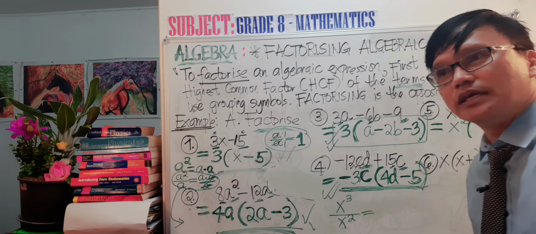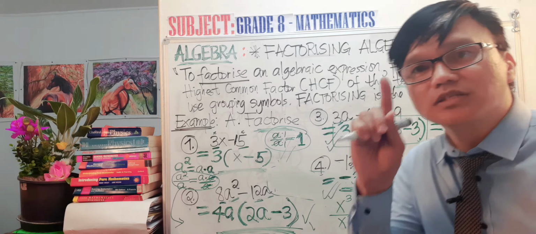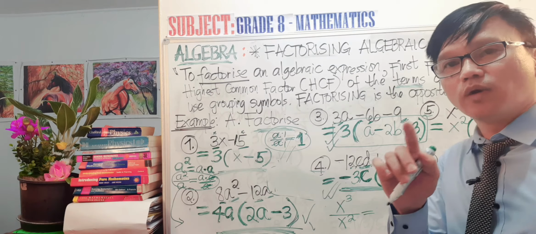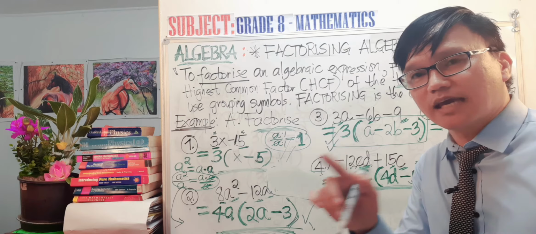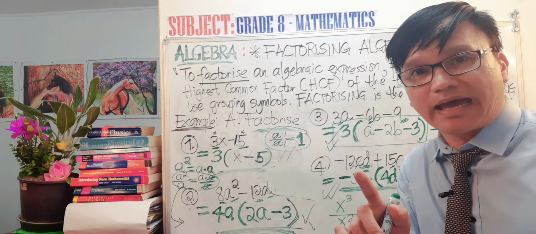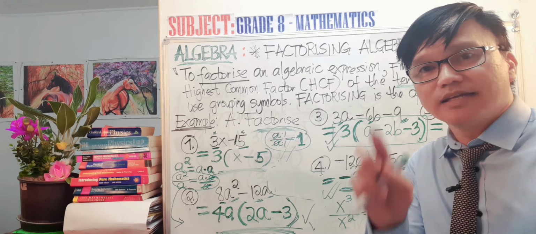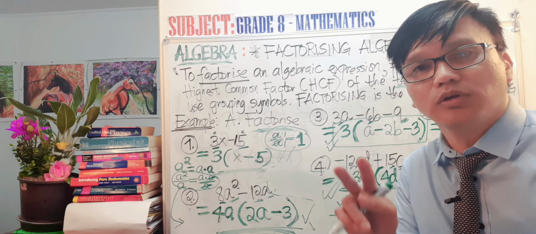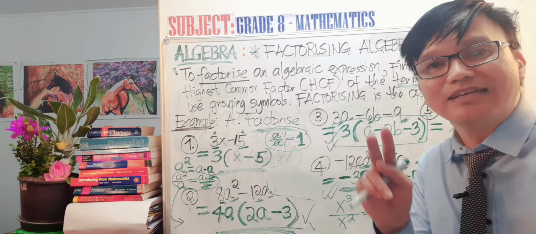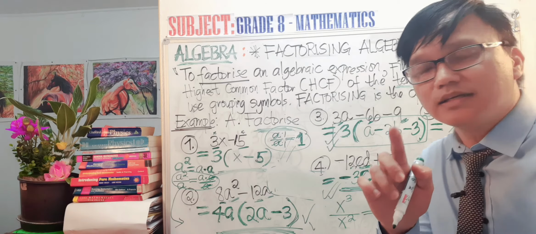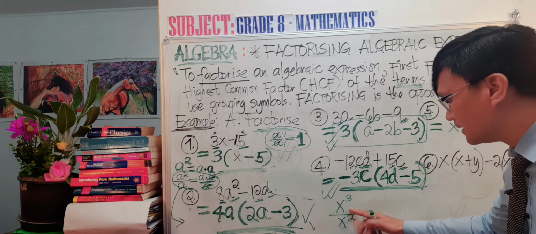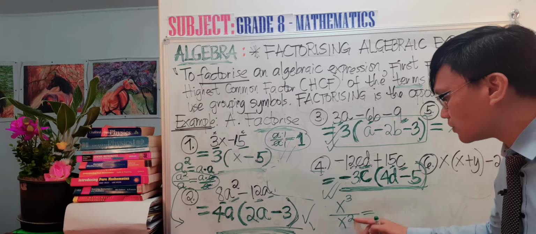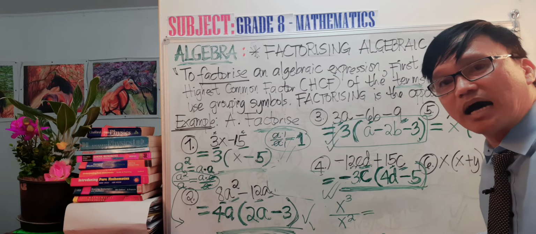So the first law of indices is when you are multiplying the same base, you are going to add the powers. The second law of indices, or the second rule of exponents or indices, is when you are dividing the common base x, you are going to subtract the powers.